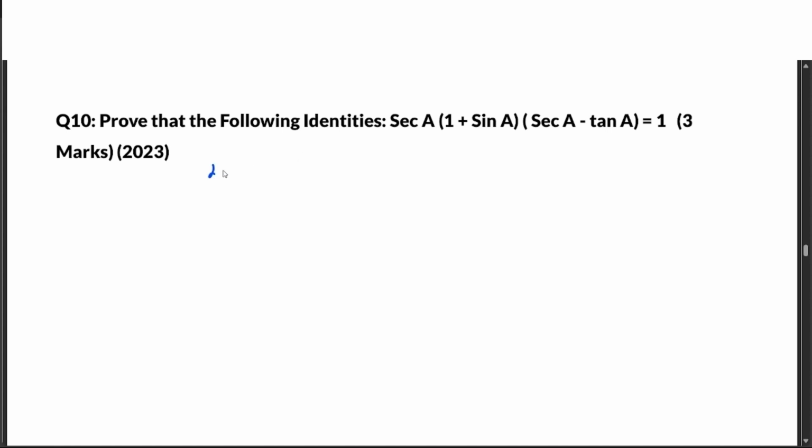So we can say our LHS is equal to sec A (1 plus sin A)(sec A minus tan A). So this much is the given information.